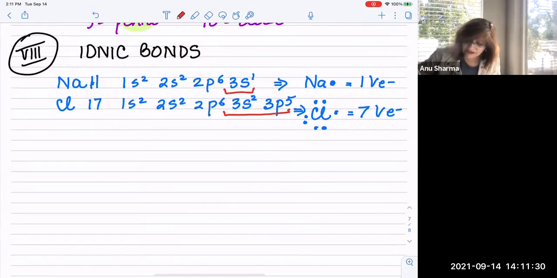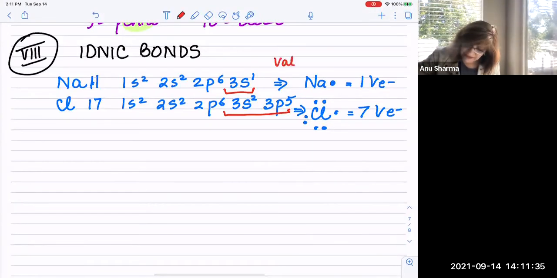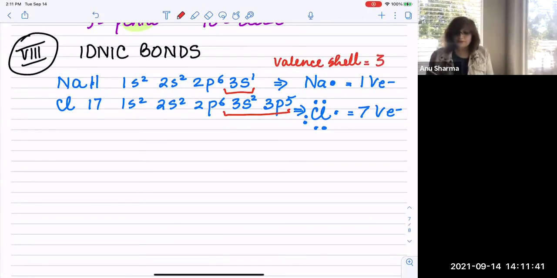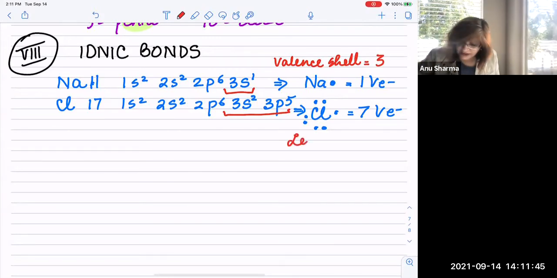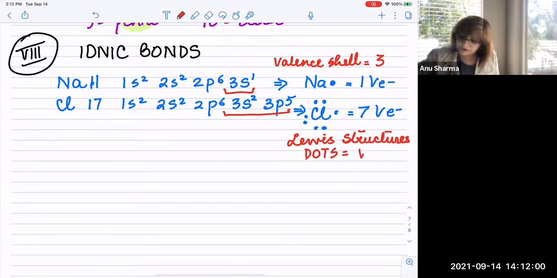The valence shell is the highest shell number, and that is 3 in both cases. In the Lewis dot structures, we only put the dots, and these are the valence electrons.